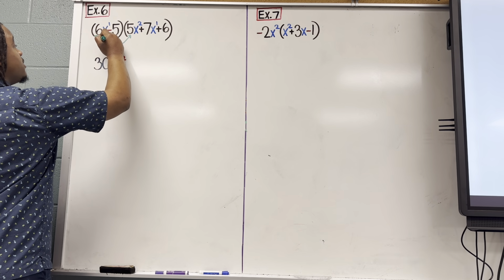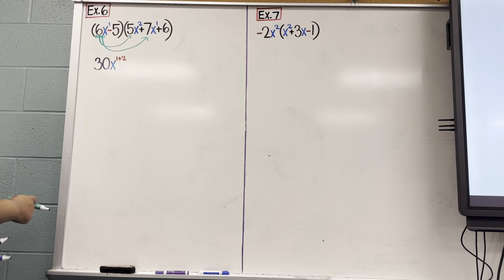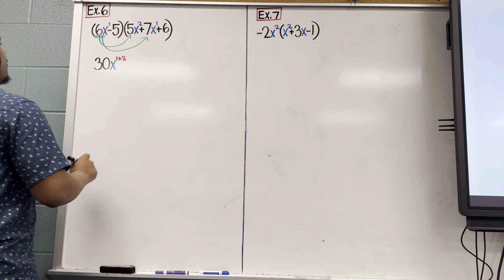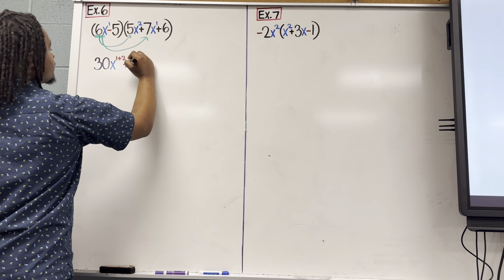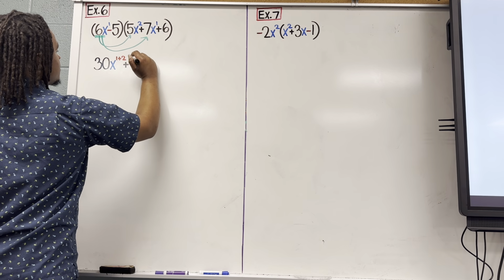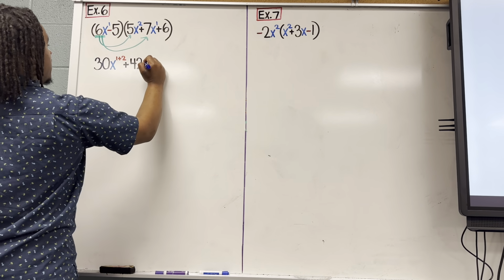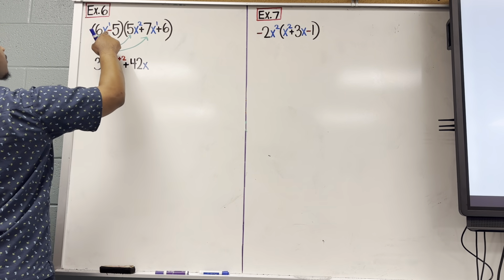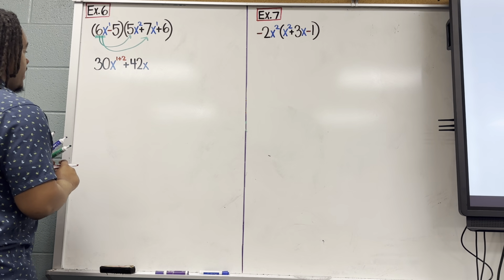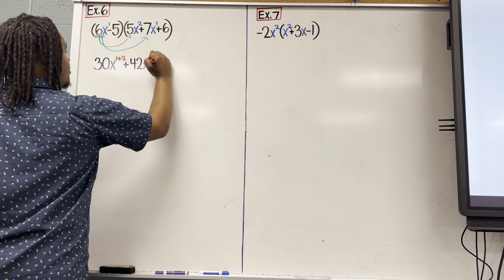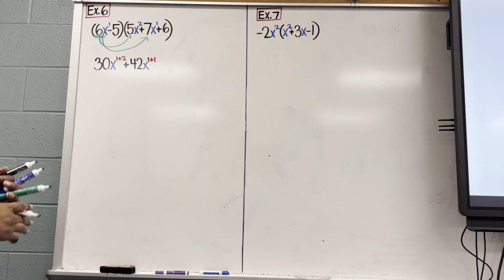Now we're gonna do 6x to the first power times 7x to the first power. Once again, we're gonna multiply the coefficients. 6 times 7 is actually 42. So it's going to be 42x, and both of these particular values are x to the first power, so it's going to be 42x to the 1 plus 1 power, because I have to add those powers together, okay?